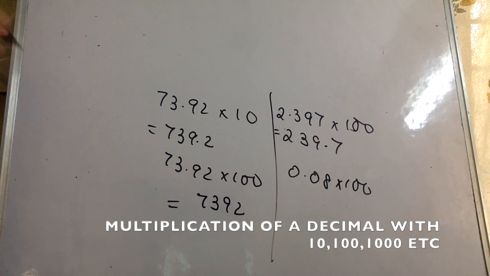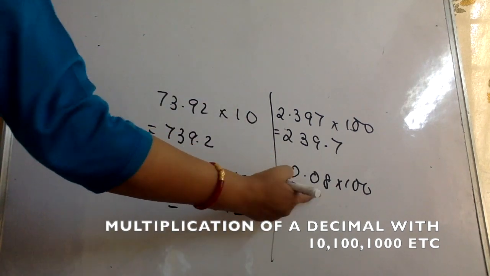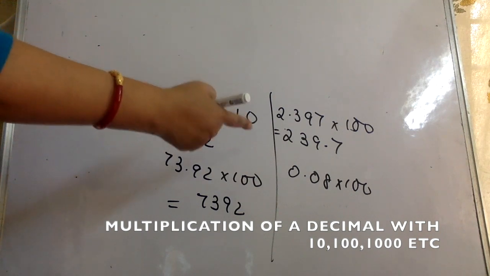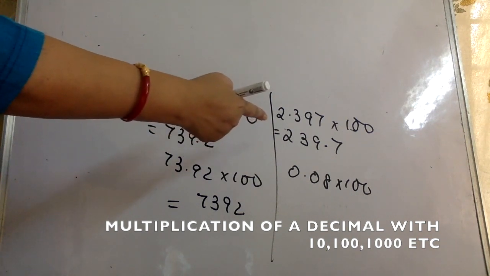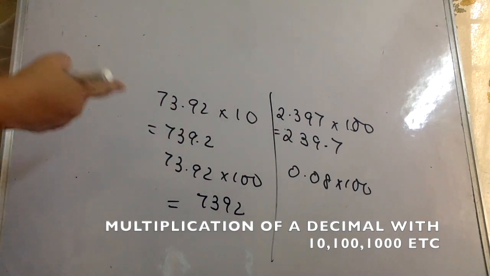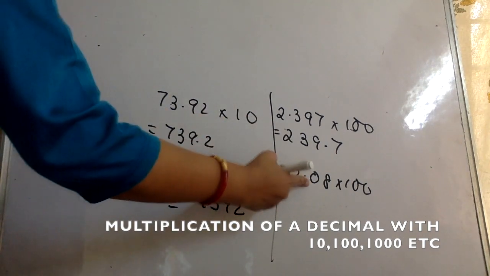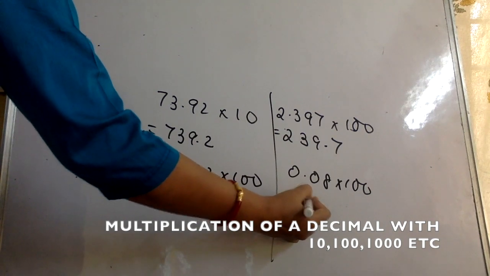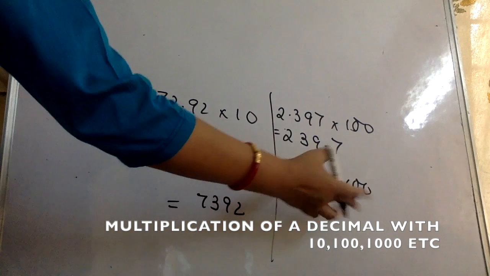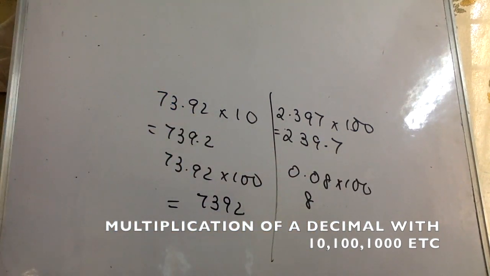We'll see that the point has to shift two places to the right, because in 100 there are two zeros, and it will shift to the right because we are multiplying. From here, the point goes right behind 8, and the answer is 8 now. The point is hidden here, we don't see it, and neither do we write it.